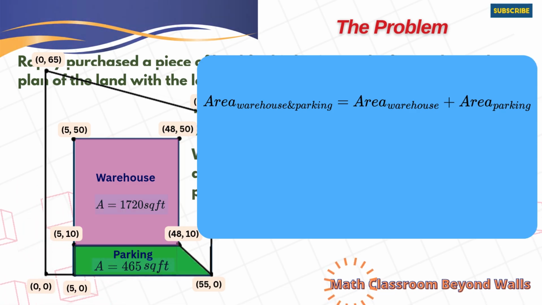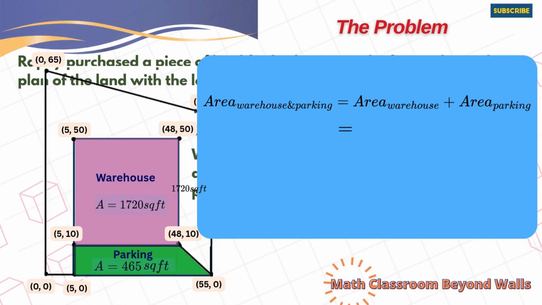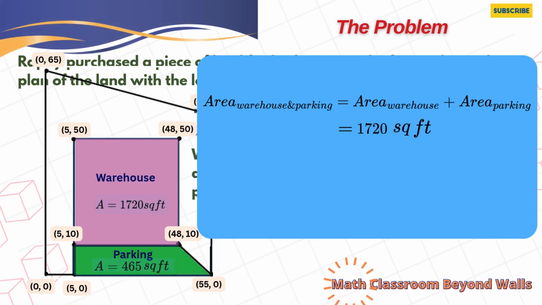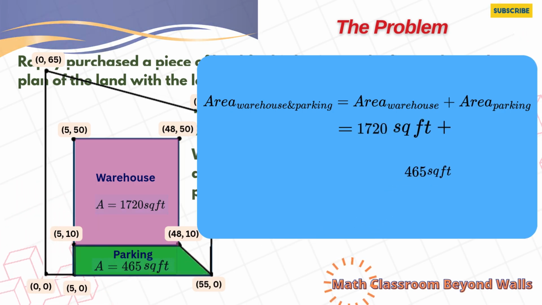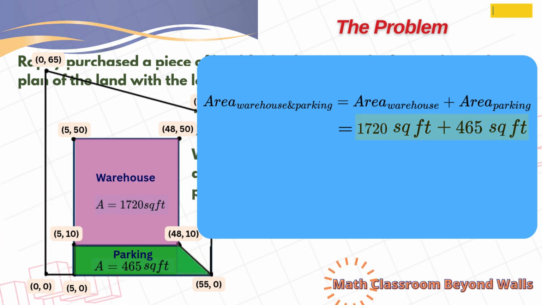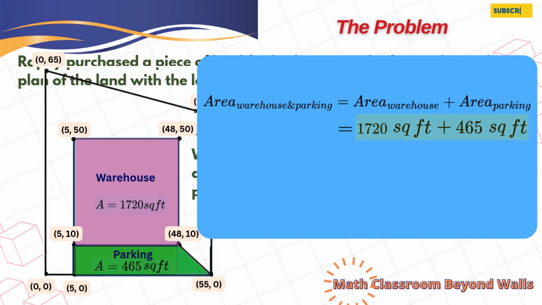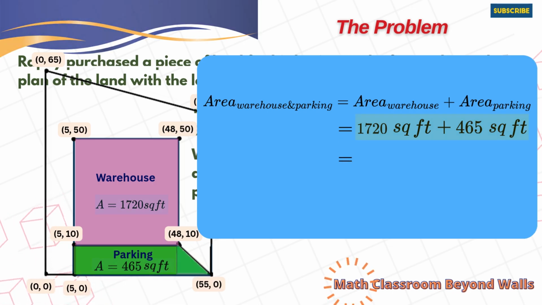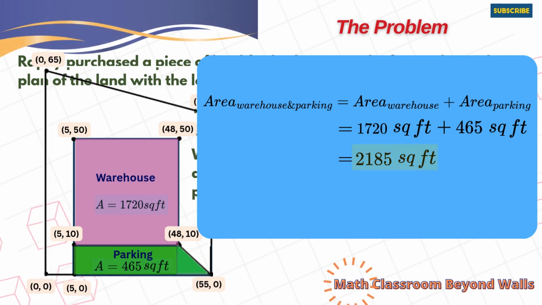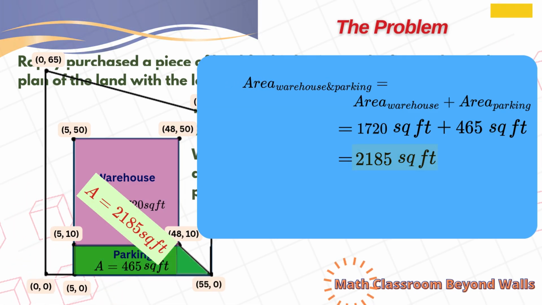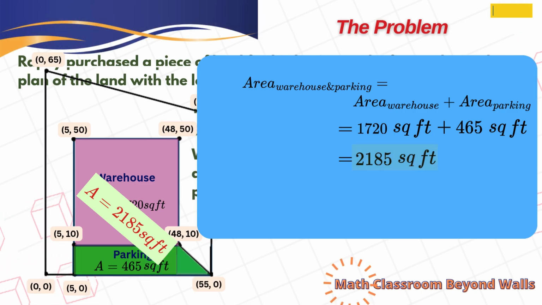Plugging in the values, we have adding 1,720 square feet and 465 square feet gives us 2,185 square feet. Thus, the area covered by the warehouse and the parking is 2,185 square feet.